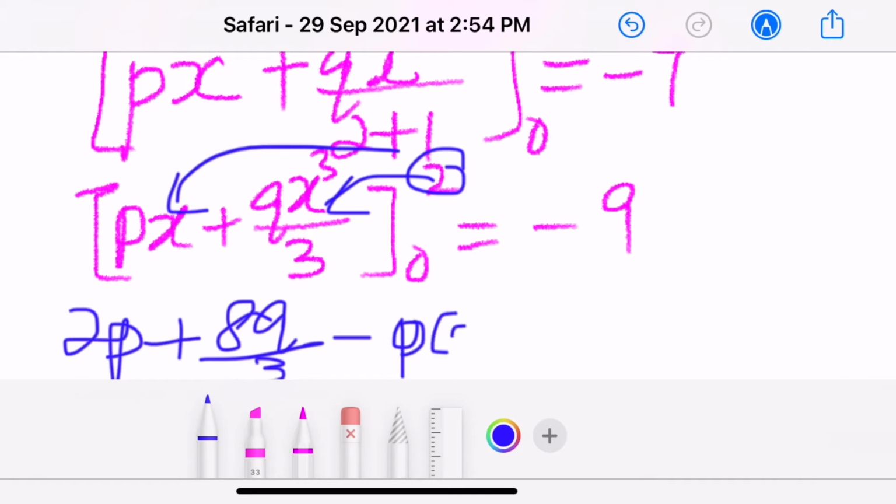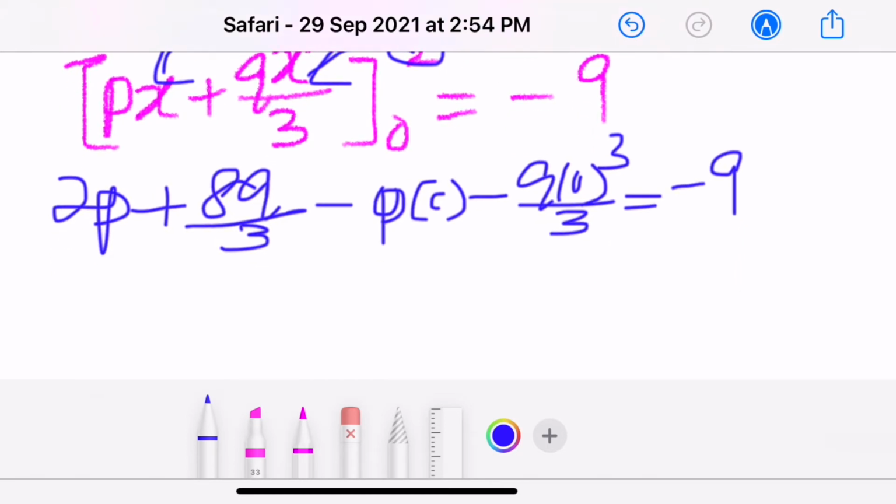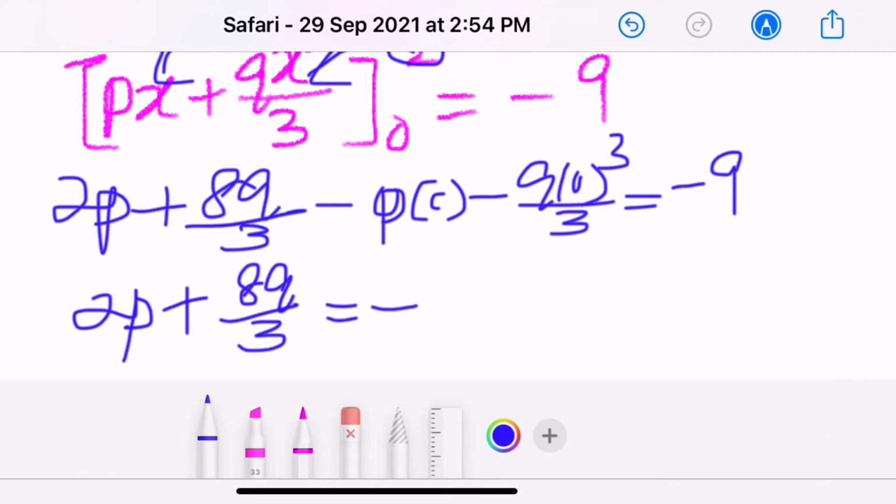We should know that all these are 0 when we substitute 0. So finally I have one equation: 2p plus 8q over 3 equals negative 9. Now this is one equation. We will leave it first.